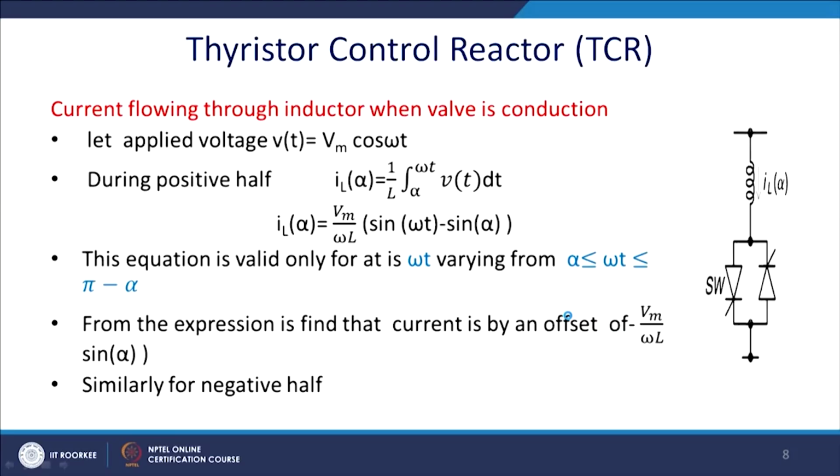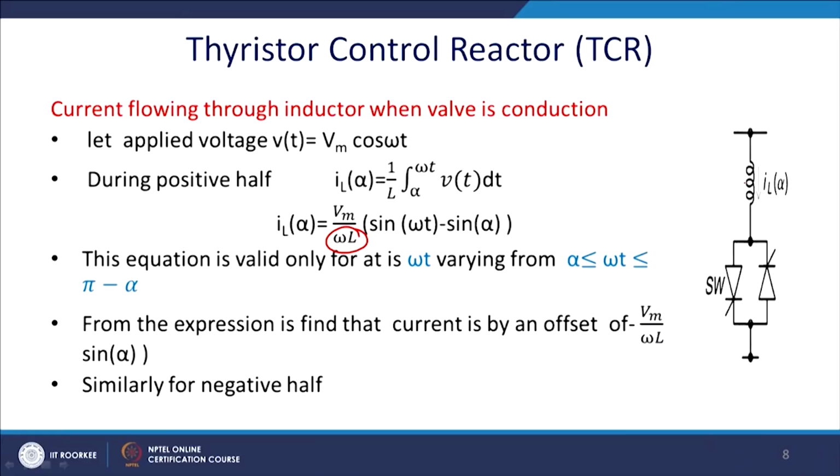We can calculate the value of the current here, since Vt is equal to Vm cos omega t during the positive half cycle. So, integrating, IL, which is a function of the delay angle, will be 1 by L times the integral from alpha to omega t of Vt.